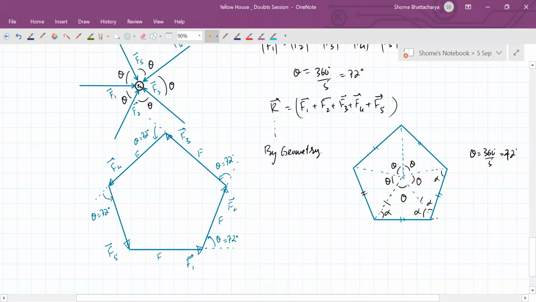So now you can see what these exterior angles are. These exterior angles, let's say beta, are 180 minus 2 alpha. This is the same thing as theta, that is 72 degrees.